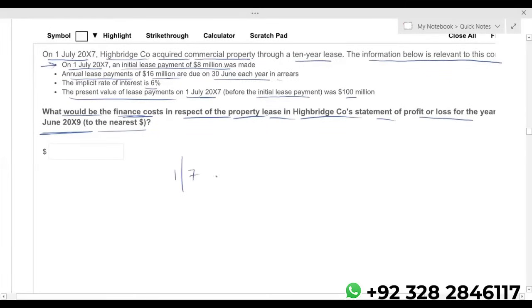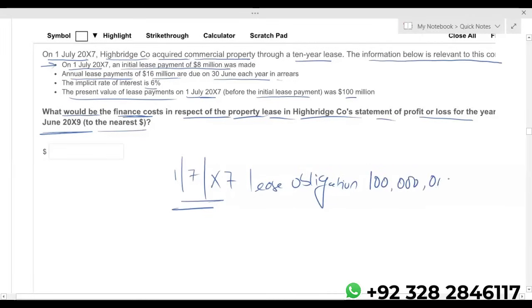1st July X7, lease obligation on day one: 100 million. We are making the payment on the same day.